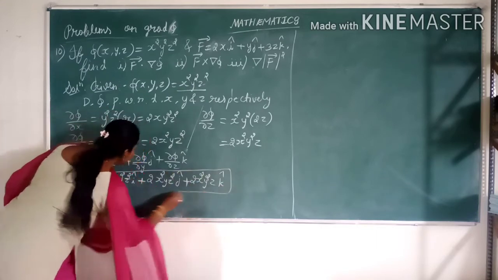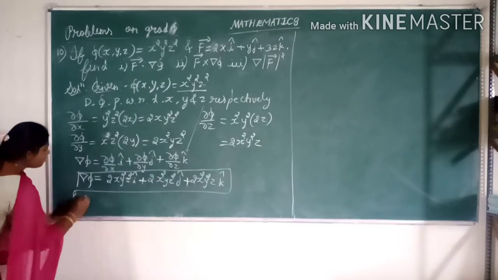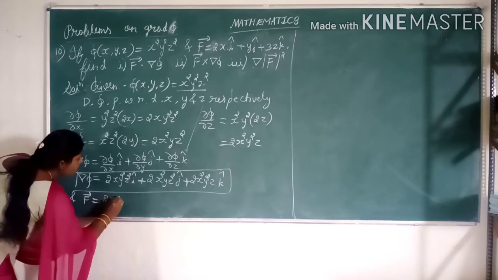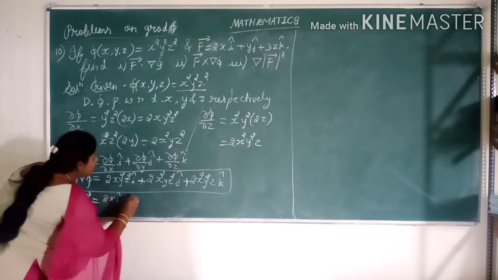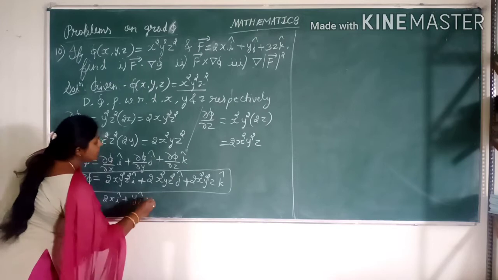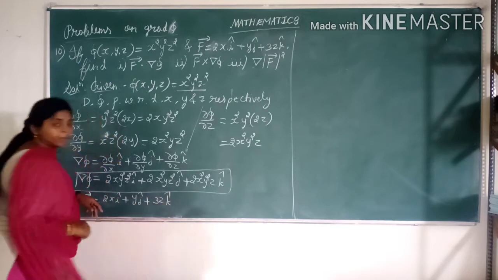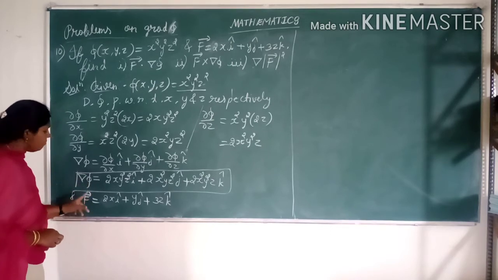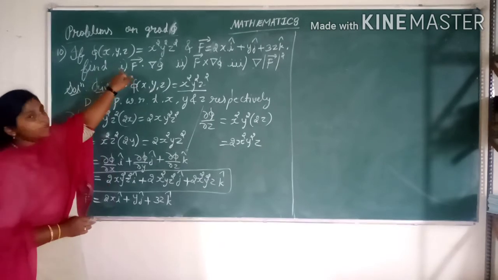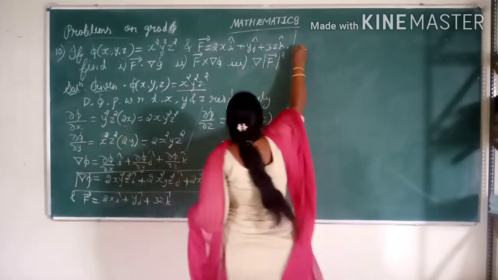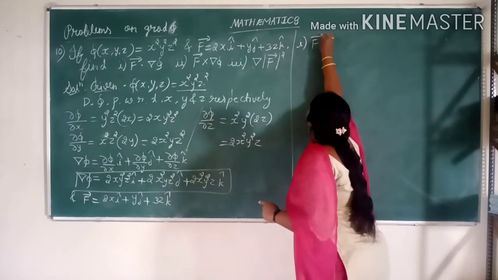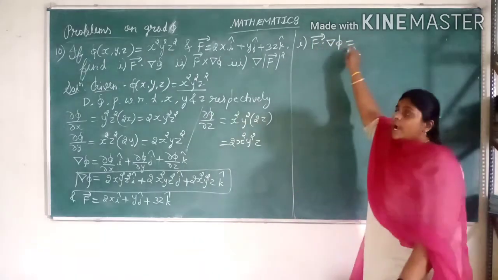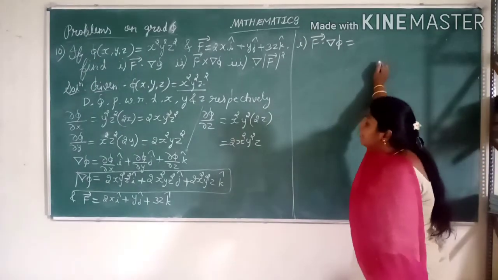And already given is vector F. What is vector F? 2x into i cap plus y into j cap plus 3z into k cap. After finding grad φ, just write down the given vector F, and now we find the first one. The first one is vector F dot grad φ. Now you know both vector F and grad φ. Substitute and find the dot product.